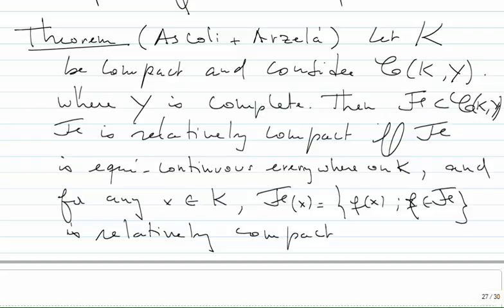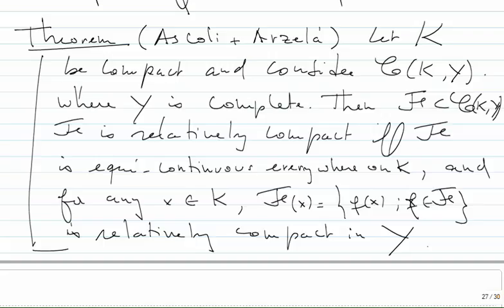So what's interesting here is really an amazing, beautiful theorem. What the theorem says, in fact, is that this uniform relative compactness is pointwise. You can check it pointwise instead of checking it uniformly in the space of continuous functions. You can only look at it pointwise in the metric space.